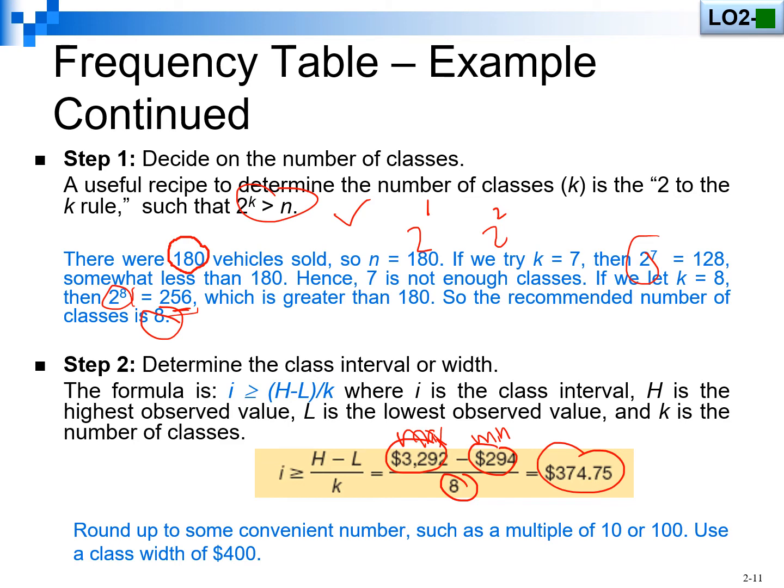Based on how the numbers were presented, they said, why don't you just round in multiples of 10 or 100? So rather than 374.75, they're just going to use 400 as our interval. You can see there's some subjectivity to it, a little bit of judgment, and in some cases there could be multiple correct ways to put together your distribution.